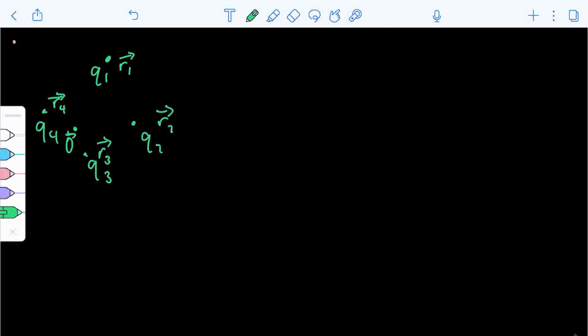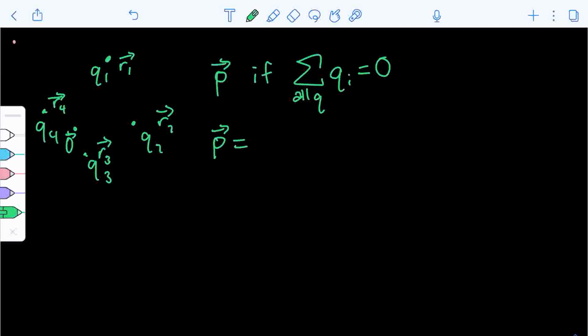It doesn't actually matter. Then the electric dipole moment of a charge configuration, first off, only exists if the sum of the charges is equal to 0. Given that this is true, it's defined to be the sum across all charges q_i times its position vector. And that's it.